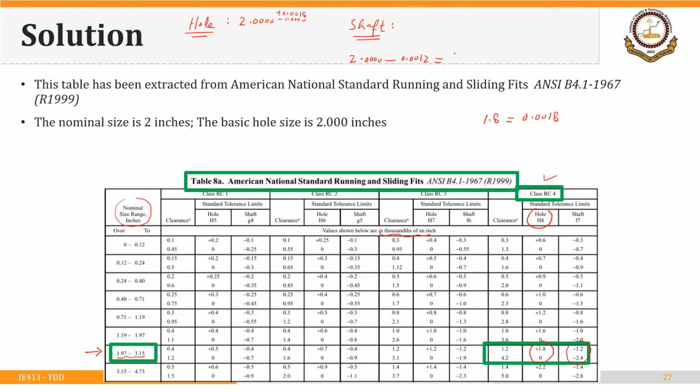So that will turn out to be 1.9988. That is the basic size of the shaft, 1.9988. Now again, we are using a unilateral system, so the upper limit will be 0.